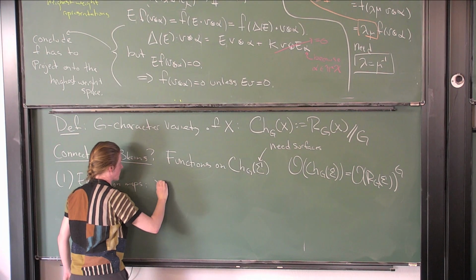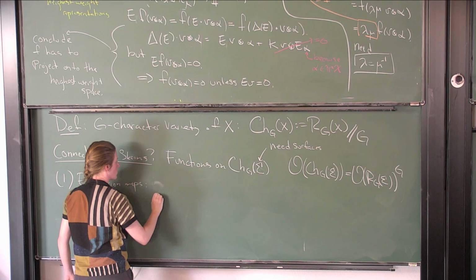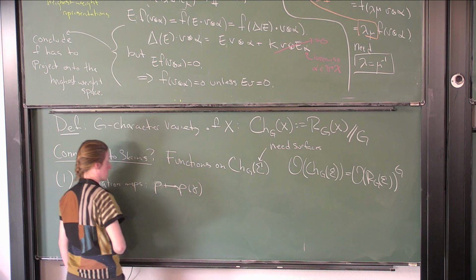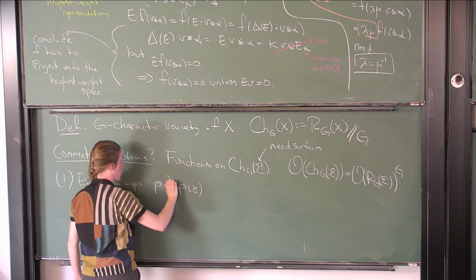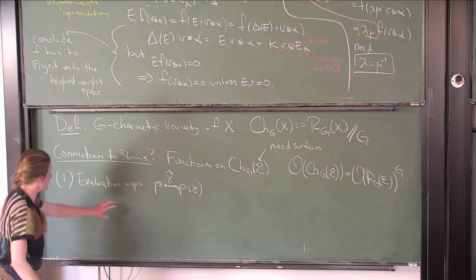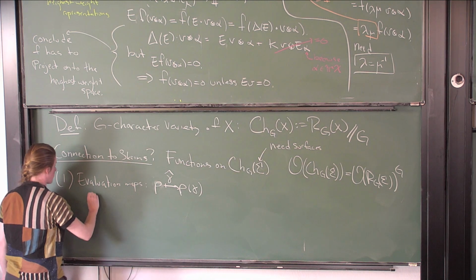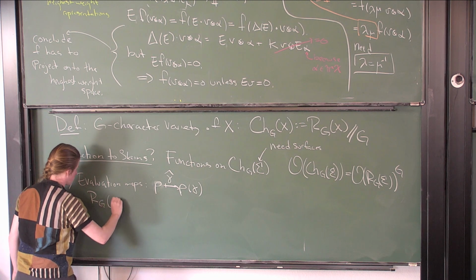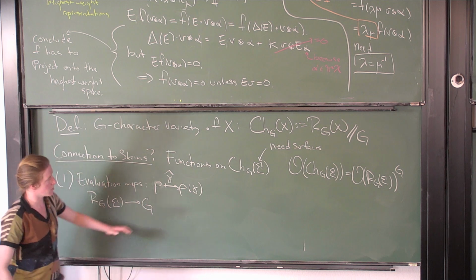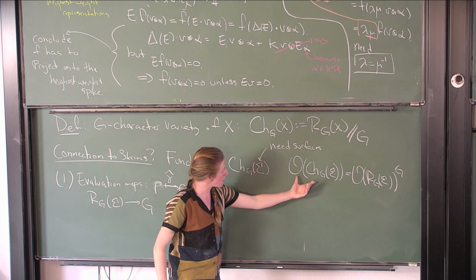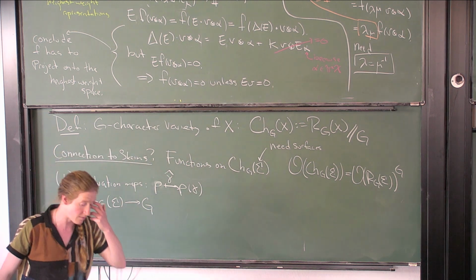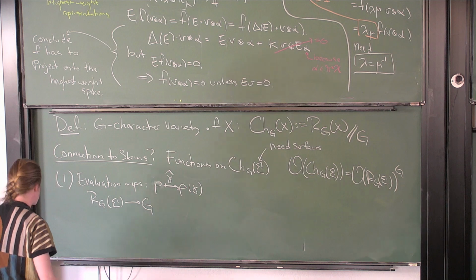Rho gets sent to rho of gamma. This is maybe a function I'll call gamma hat. But this is a function from R_G of sigma to G, and the type of functions I want are ones that land in C. So I'm not done. I don't even have the type of function that I want yet.